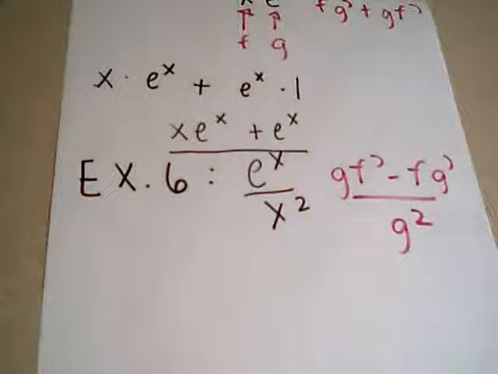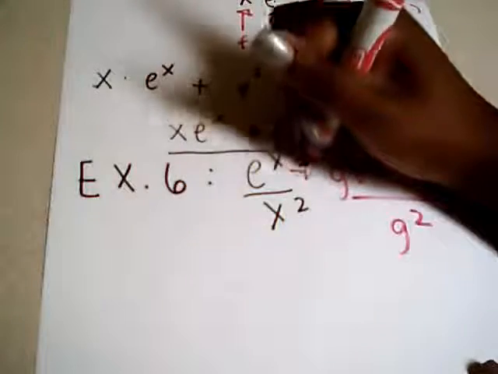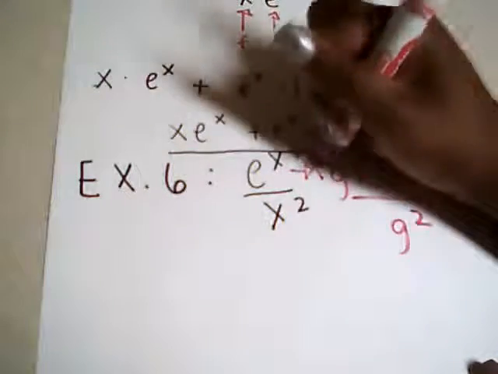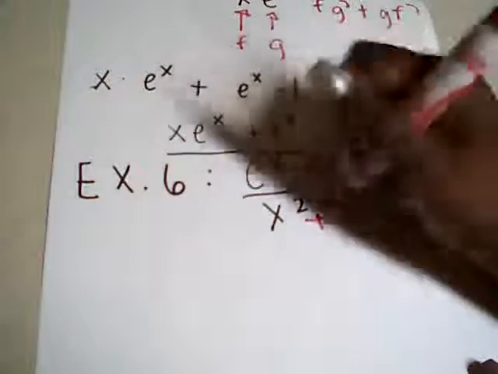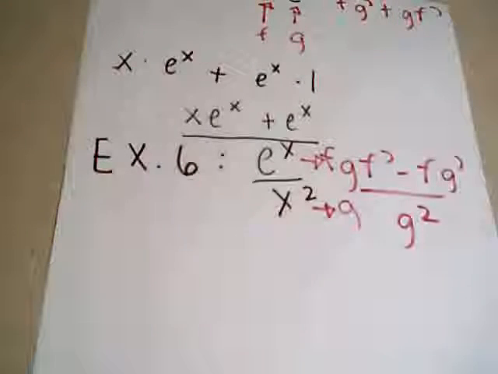Next, we have a problem using the quotient rule. The quotient rule is g times f prime minus f times g prime over g squared. e to the x will be f and x squared g. And we will go ahead and plug in.